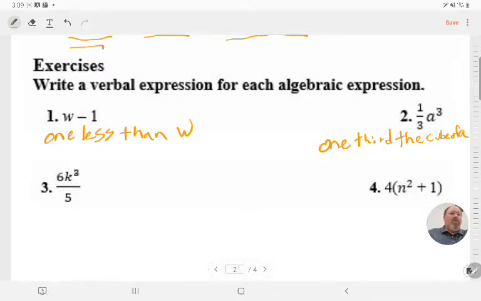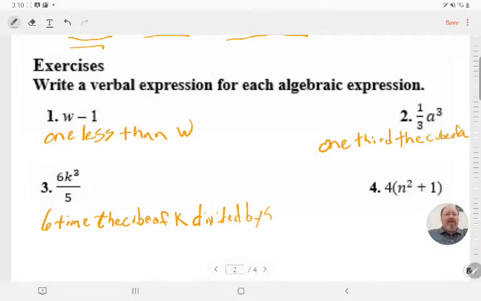That's one way you could do it, 1/3 the cube of A. Or you could do the product of 1/3 and A cubed, okay? Number 3, I could do 6 times K, or I could say 6 times the cube of K divided by 5.